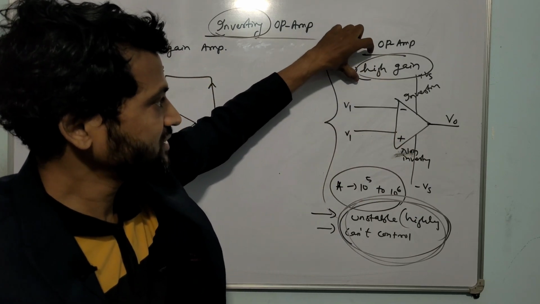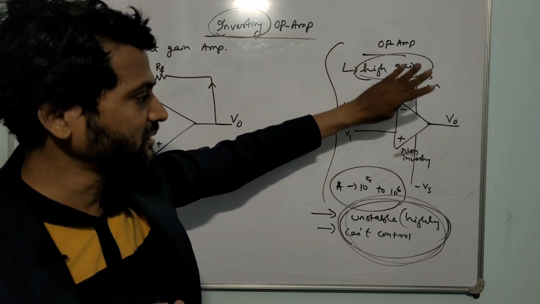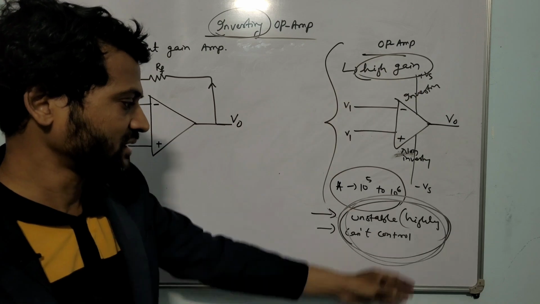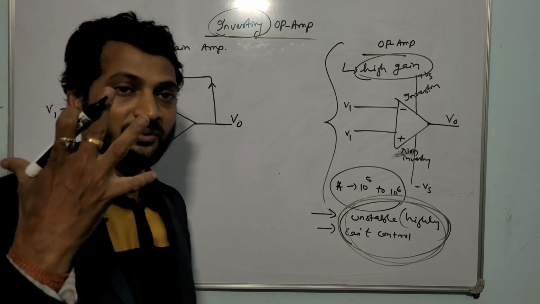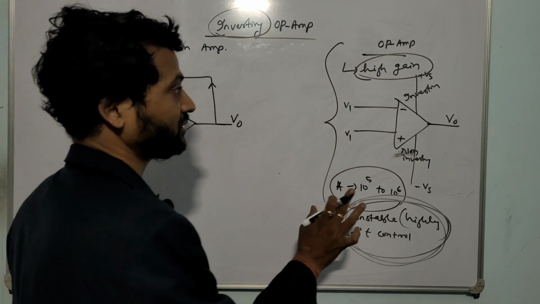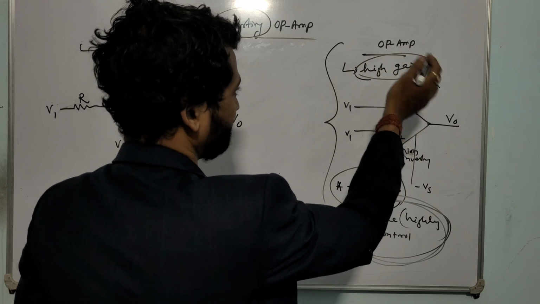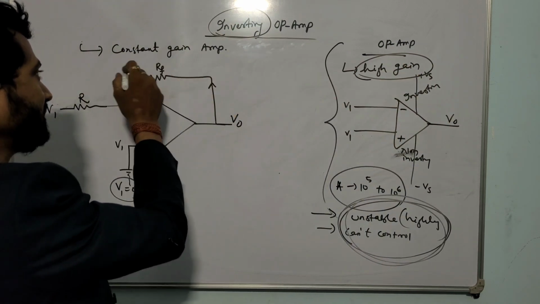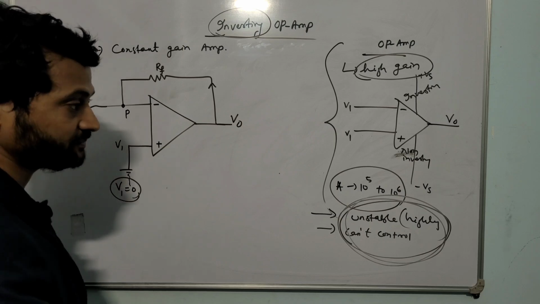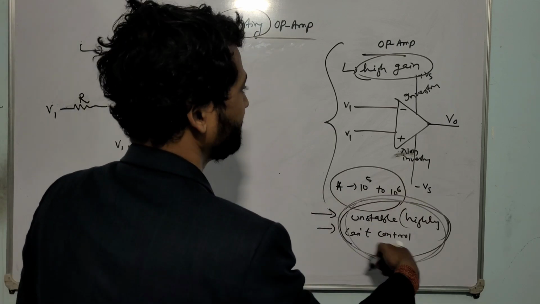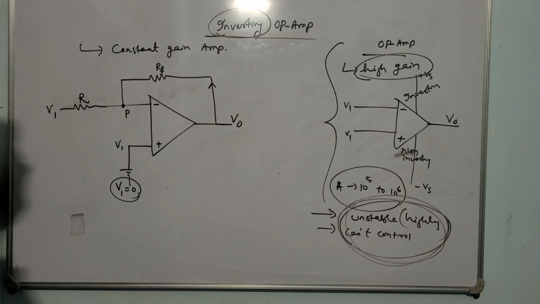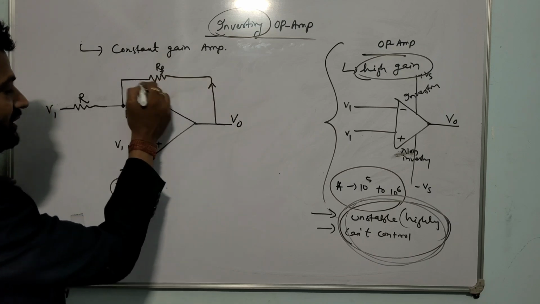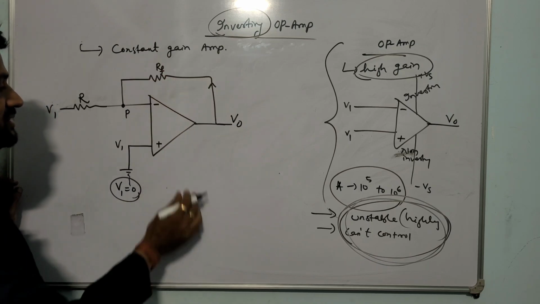What is the difference? A high gain amplifier has a lot of disadvantages: it is unstable, and we cannot control the output. So to make that amplifier into an inverting kind of amplifier, we have to give feedback to reduce all these problems. So negative feedback is given through a resistance, that is called RF.